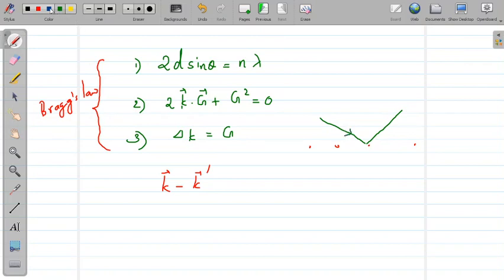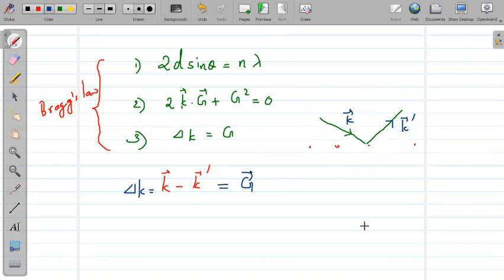The direction of the incident ray is defined by the vector k bar, and the k dash corresponds to the scattered wave. So delta k is k minus k dash. And if you find this difference between these vectors, and suppose that is equal to a g vector, then Bragg's condition is satisfied.